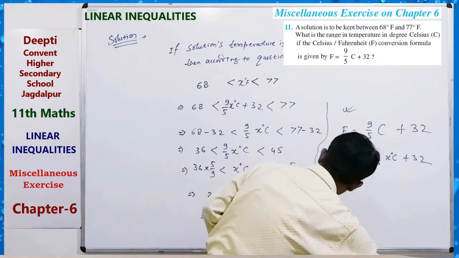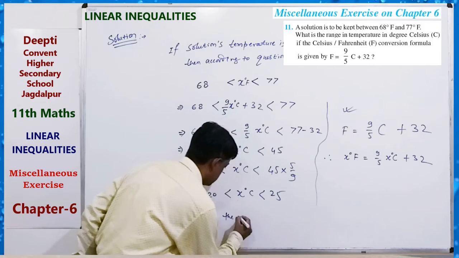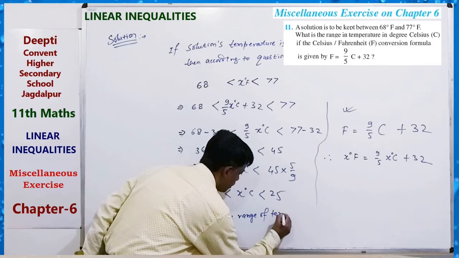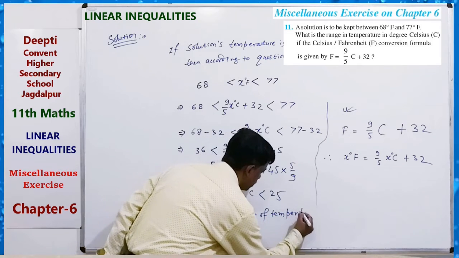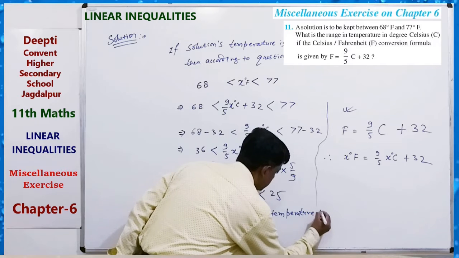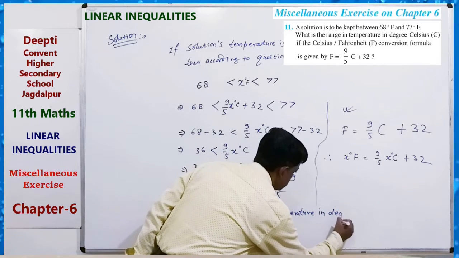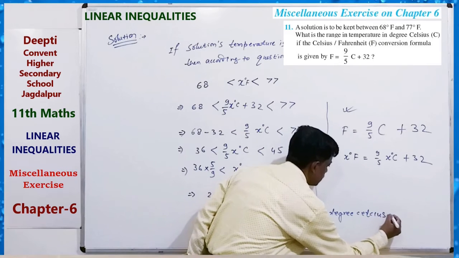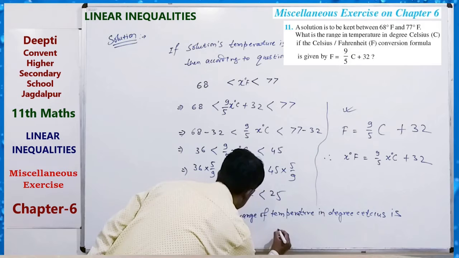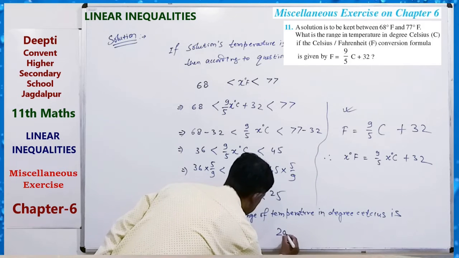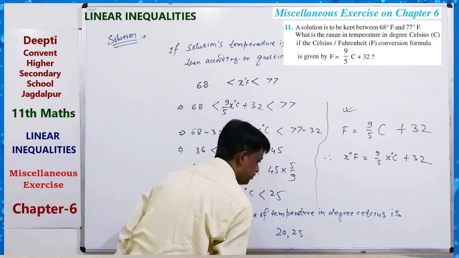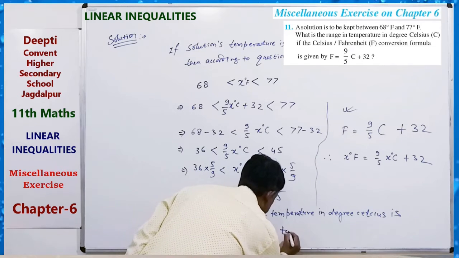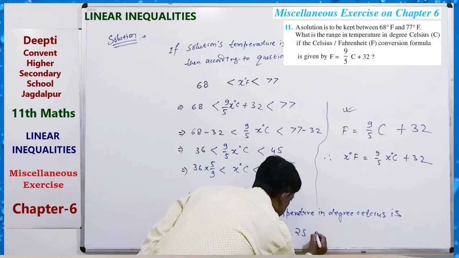the range of temperature in degree Celsius is 20 to 25. 20 to 25 degree Celsius.